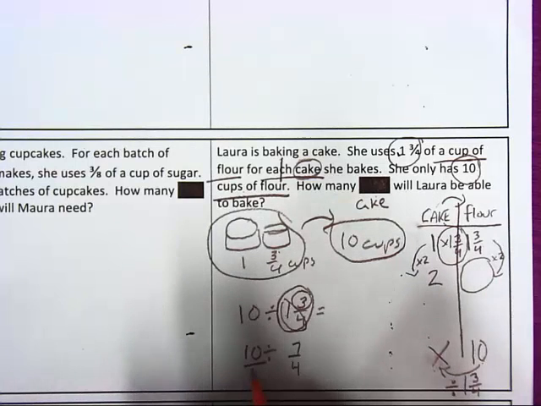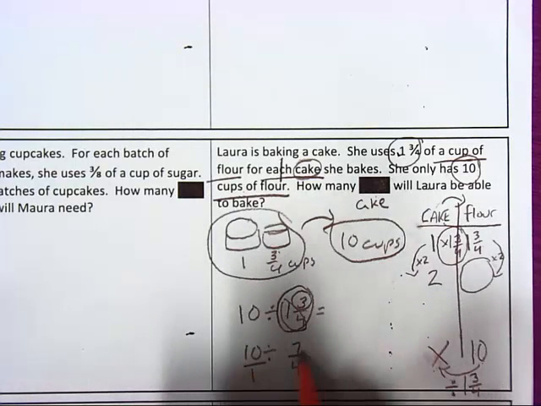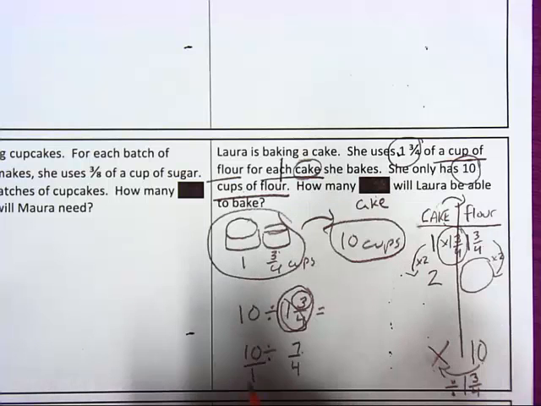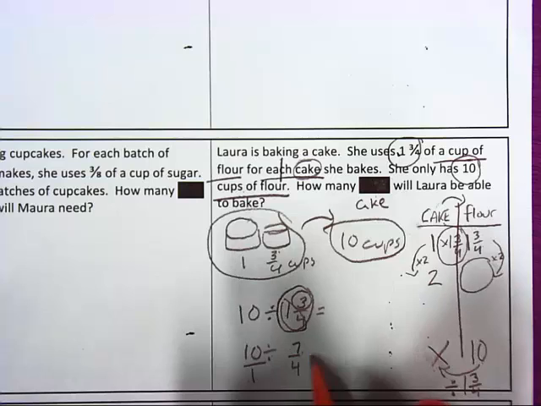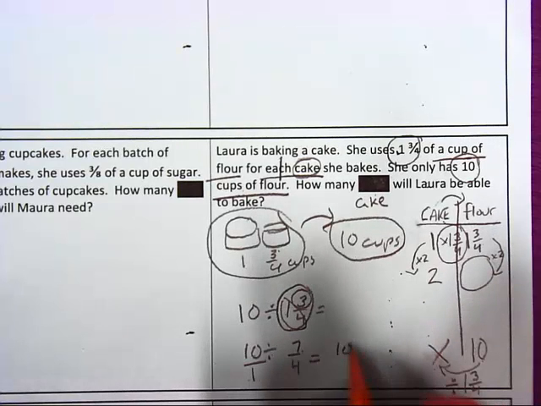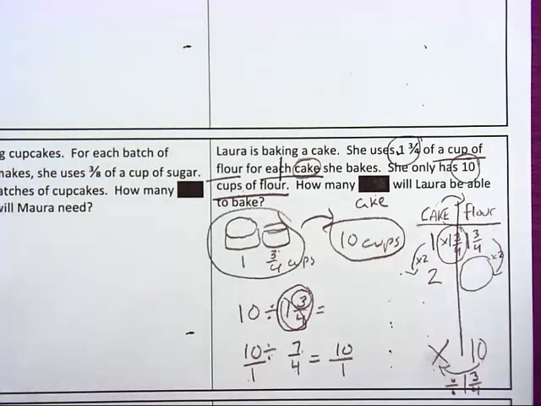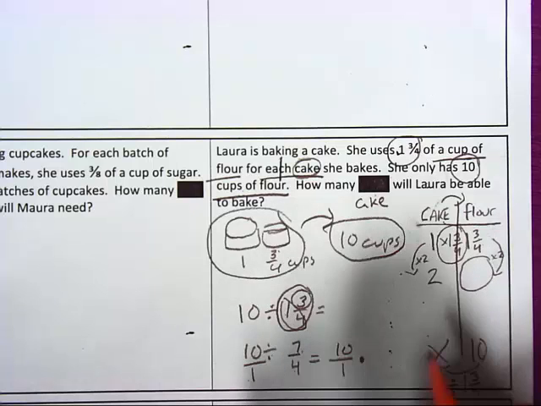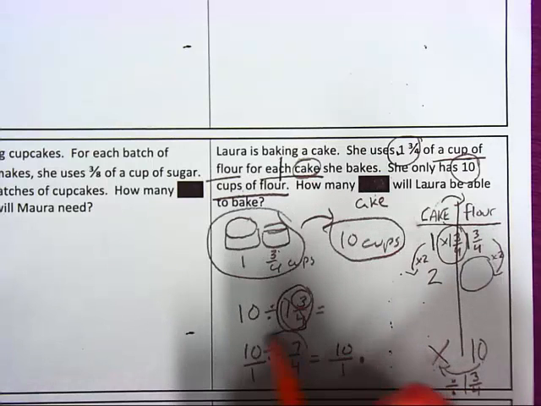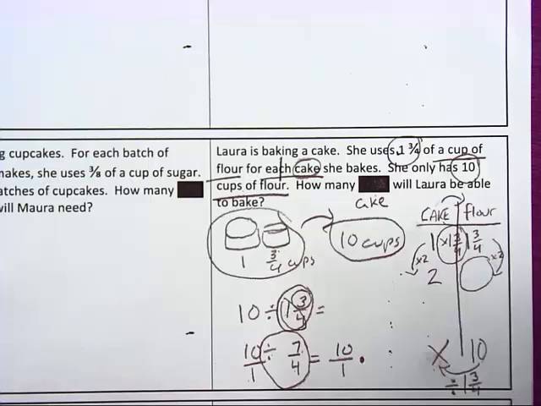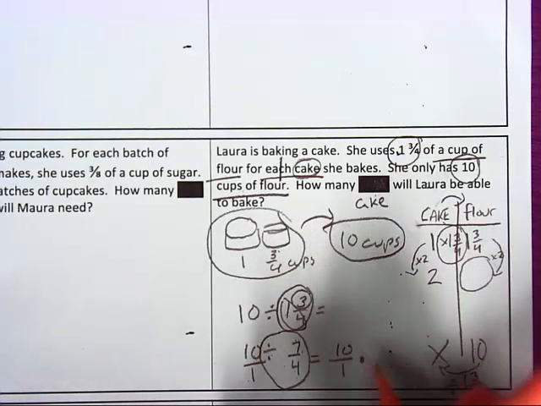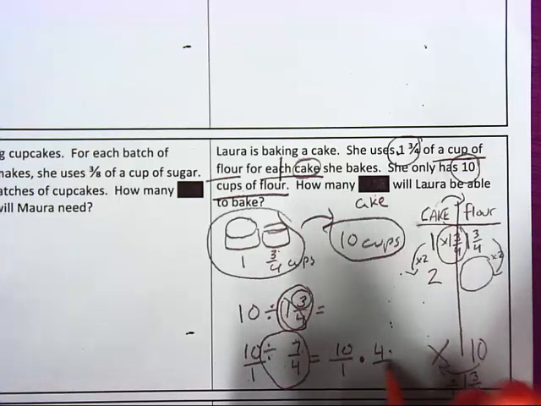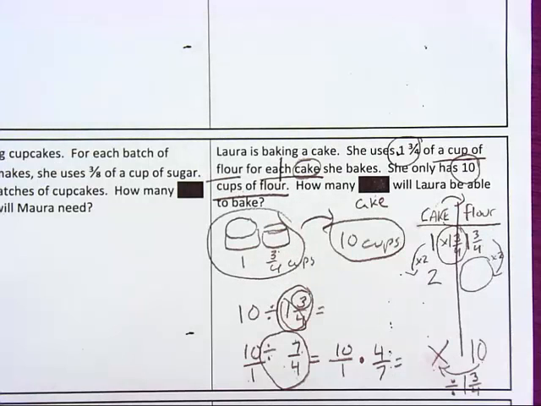If I put the 10 over 1, 10 divided by 7 doesn't work. 1 divided by 4 is going to give me a really small number. So instead we're going to rewrite it. This 10 over 1 times, and this whole thing here is going to flip, right? So when we divide by 7/4, it would be like multiplying by 4/7. It's going to give us the same answer.